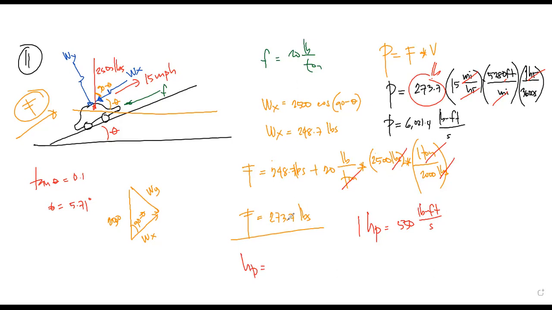Okay, so that's 6,021.4 pound foot per second, times 1 HP per 550 pound foot per second.